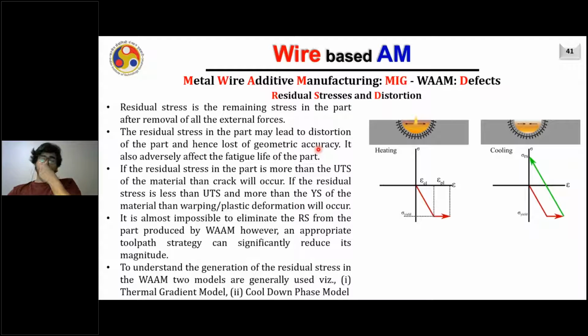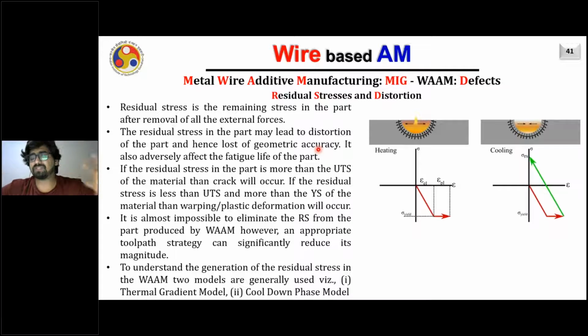Let's talk now about some defects in WAAM. The very important defect popularly discussed by many researchers nowadays is residual stress distortion. Residual stresses are nothing but the stresses remaining in the part after removal of all external forces. Like when you are clamping the object, after you remove it, it will just get warped.